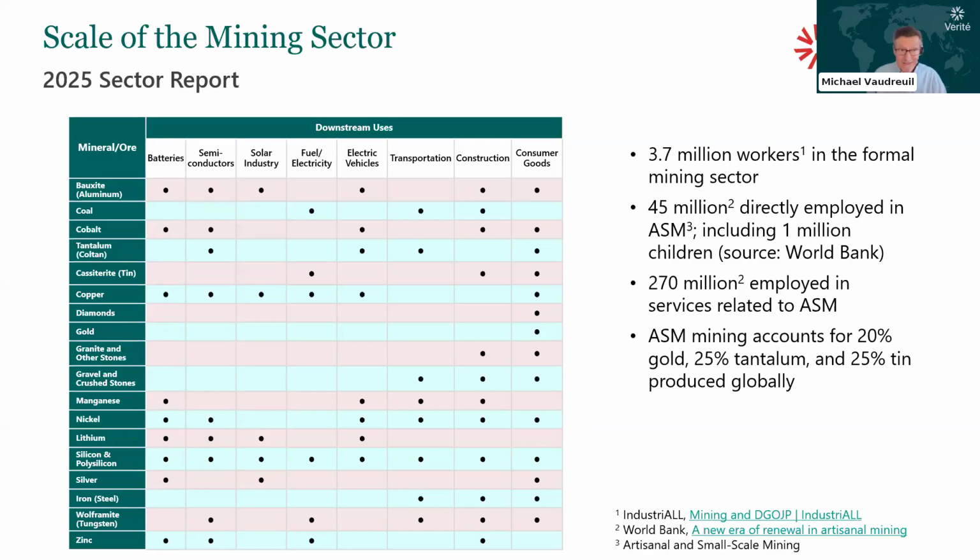In terms of the scale, ASM mining accounts for, as you can see, a significant percentage of gold, tantalum, and tin produced globally. So although these are, as the name implies, small operations, there are so many of them and so many people involved that the share of materials produced through ASM is quite large.